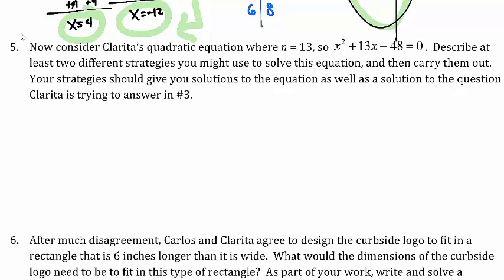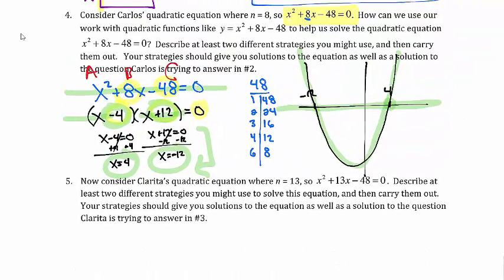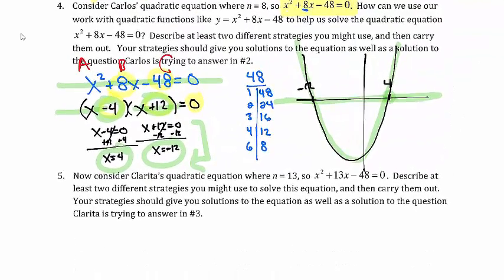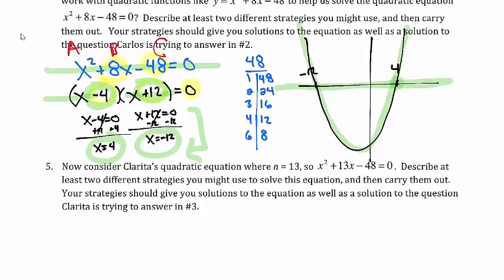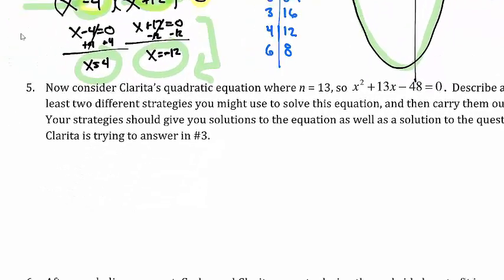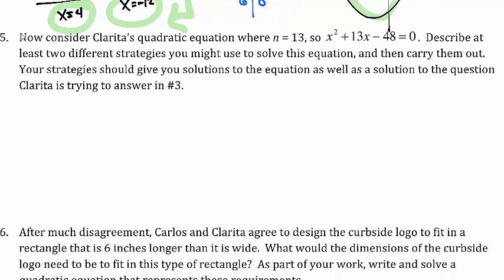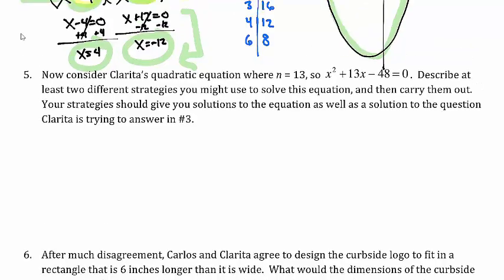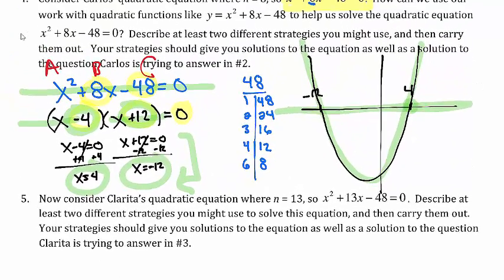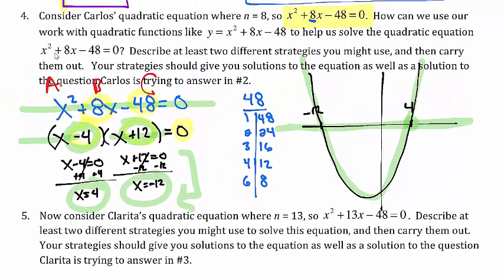So we set up here, you could factor it or graph it, and you'd need to factor to graph. I would guess that your group is going to want to factor it. But you could also complete the square and solve by taking square roots. Talk with your group, and if you want to make it easy, do what you did for number 4. Go.